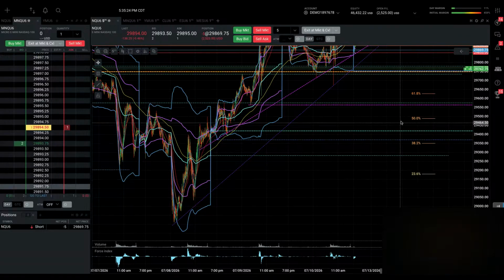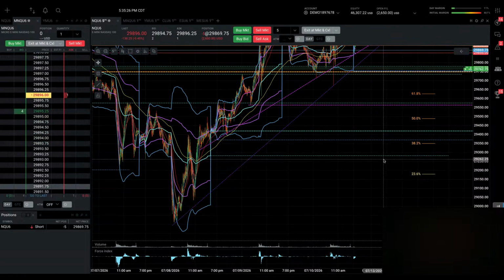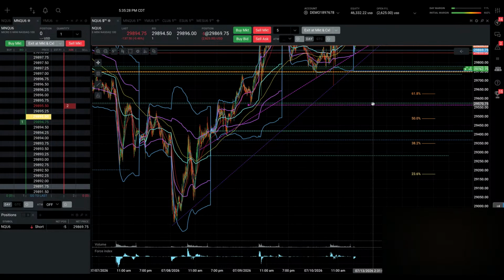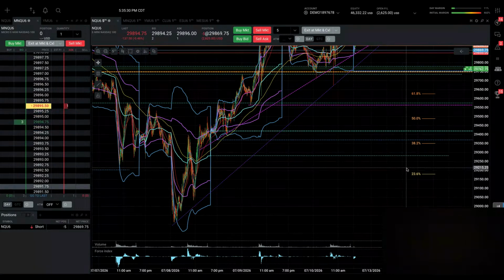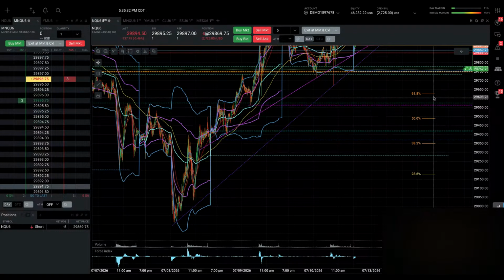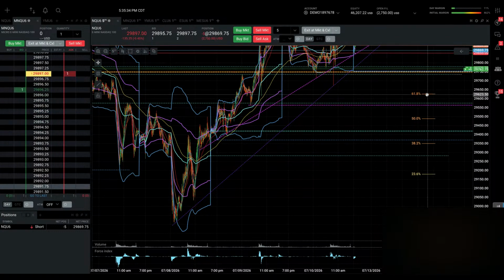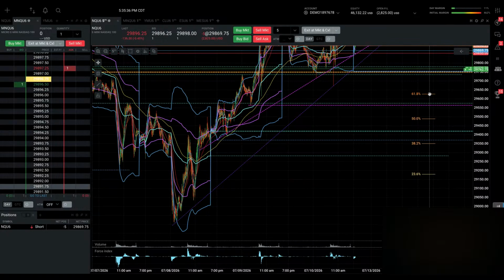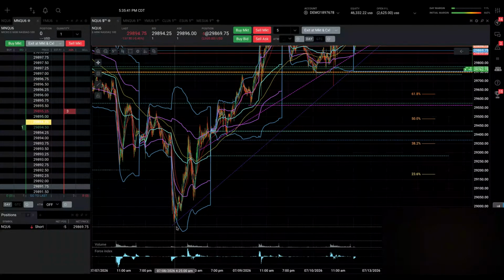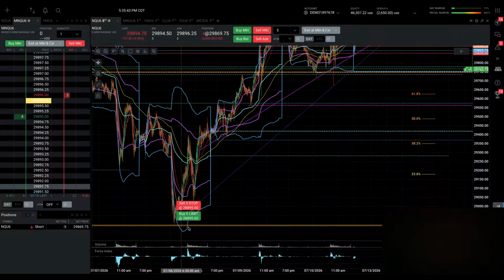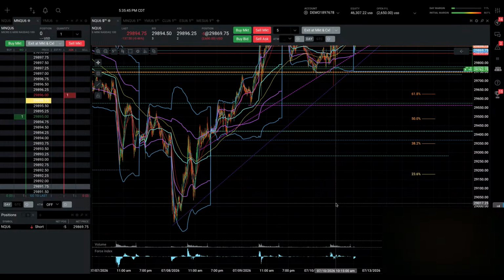Okay. These in between lines, support zones, are just my bounce zones. I would assume that if we can't hold this level right here, 61.8, then we get down to our 23, maybe down here or lower. So that's going to be a nice setup.